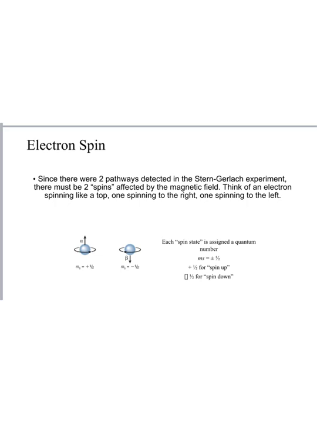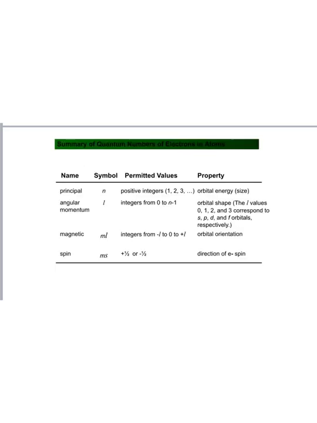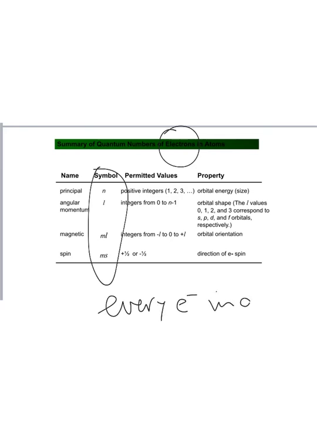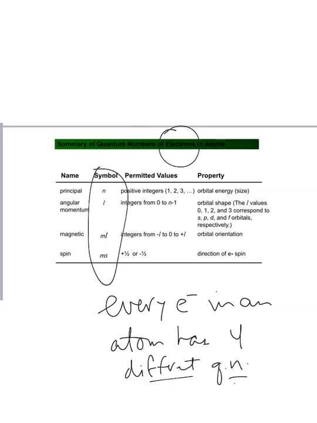This is just what I just said. There's 2 pathways in that experiment, either plus 1/2 or minus 1/2. So these are the 4 quantum numbers for electrons in atoms. It's like an address. Every single electron in an atom has 4 different quantum numbers.